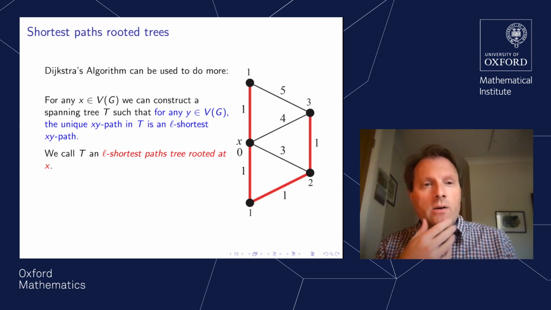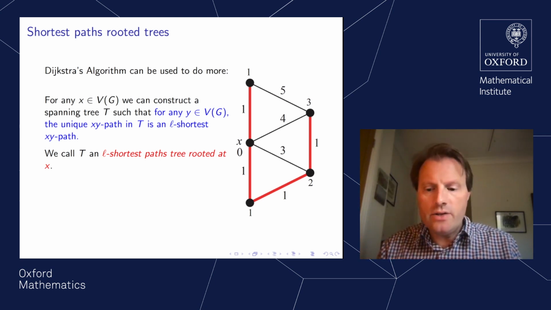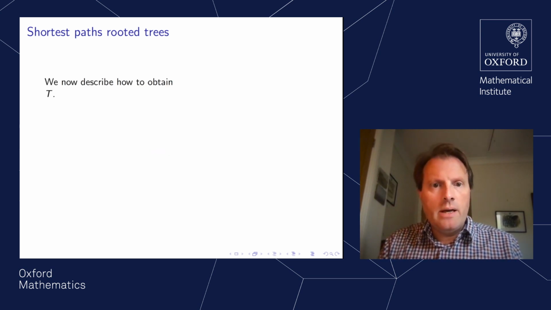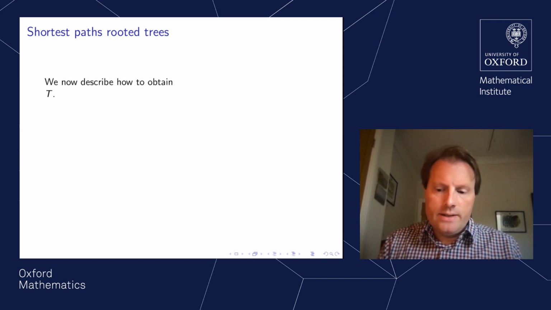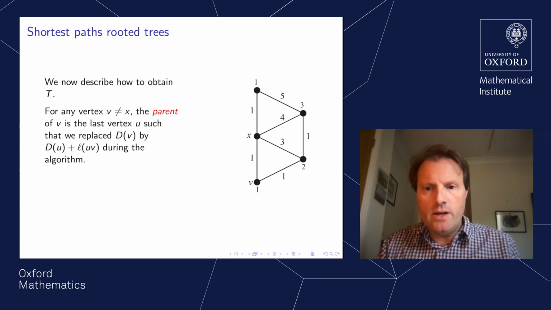Okay, so what does Dijkstra's algorithm do? How does it create this tree? Okay, so we're going to describe how to obtain the tree T. Here's our example that we're looking at.